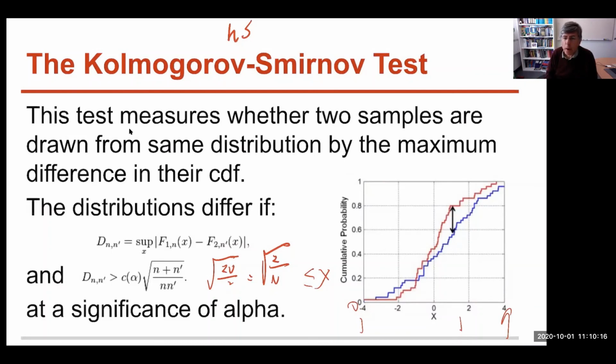If I see a point where one of these plots gets too many times more than square root n ahead of the other plot, that is the sign of trouble. That is the sign of there being a difference. And exactly how many times more than square root n, that's the kind of thing you look up in a table. That's what governs this constant. Does that answer your question?